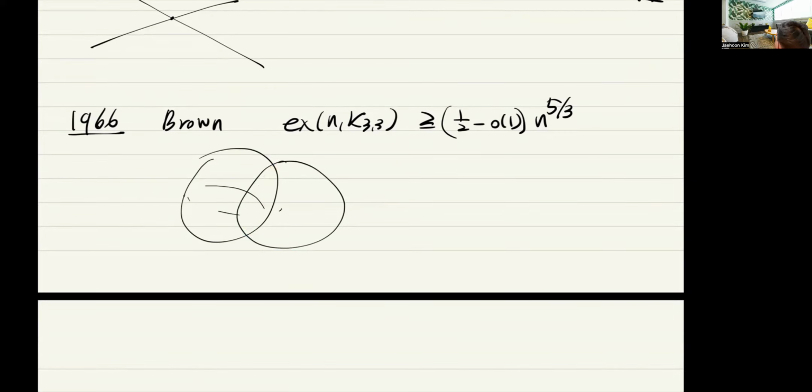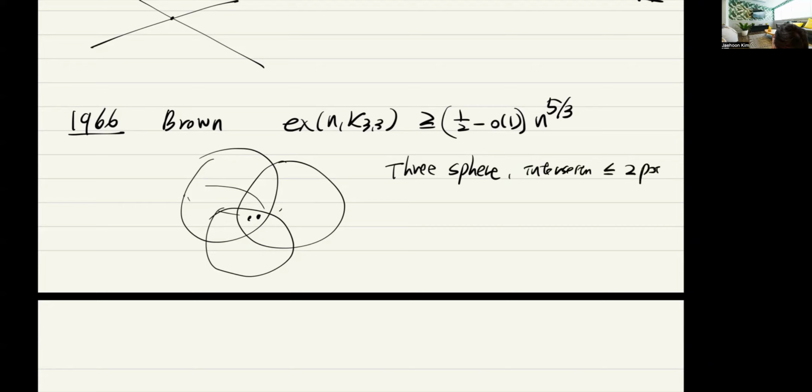And if you have a third sphere, then you intersect this cycle with the third sphere, and the intersection is at most 2. So for three spheres, assuming they are distinct, their intersection has at most 2 points.